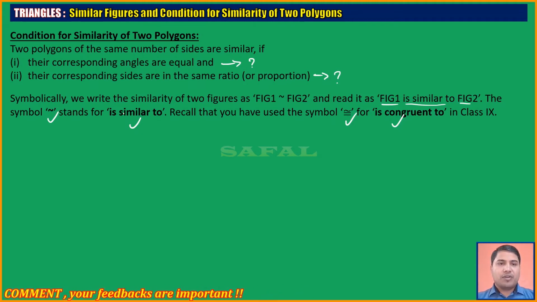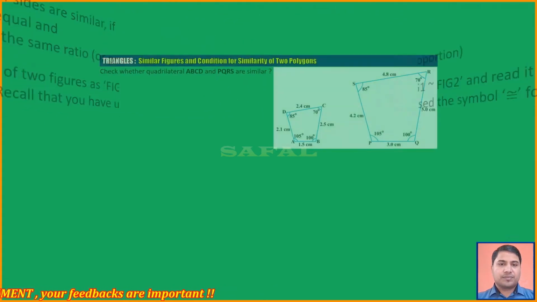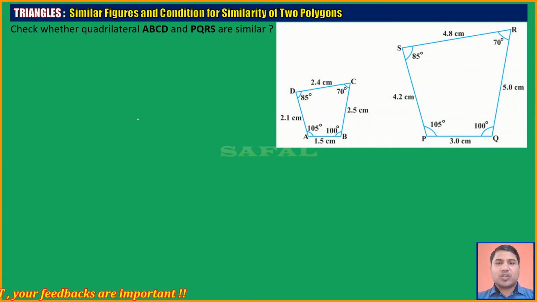Okay, so let us take a question. Check whether the quadrilaterals ABCD and PQRS are similar or not. Just now we saw the mathematical condition: we need to check whether angles are equal and whether sides are proportional.